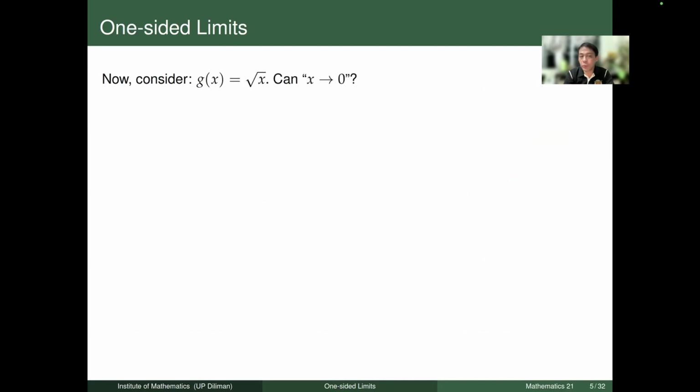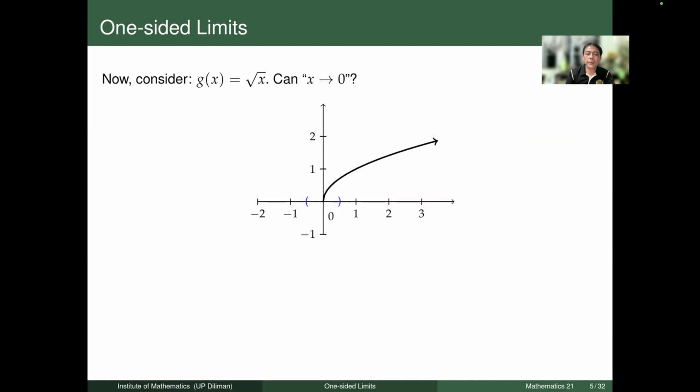Now, another example, consider the square root of x. Can x approach 0? Graphically, this is what we have. Okay, this is the graph of the square root of x. When you say x approaches 0, you need an open interval of values less than 0, demonstrated by this open interval here, and values greater than 0, demonstrated by this interval.